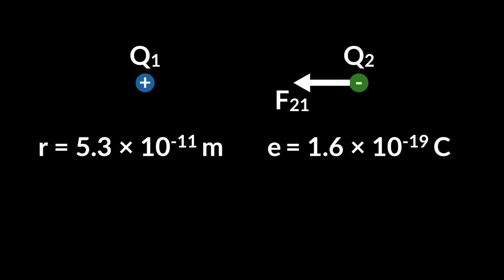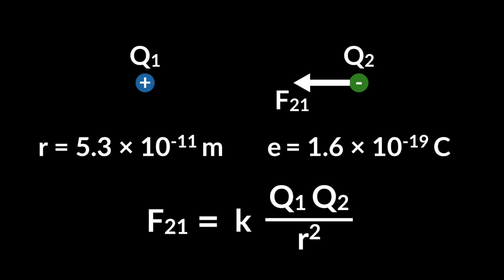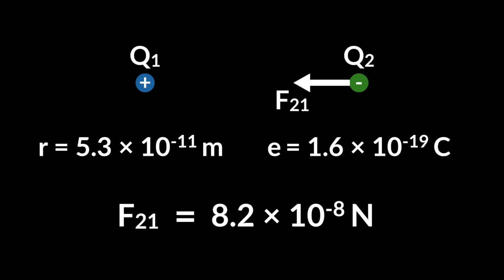But it will be negative for the electron and positive for the proton. But when we calculate the force, we're only interested in the magnitude. So we plug that into our equation, and we get that the force is equal to 8.2 times 10 to the minus 8 newtons.